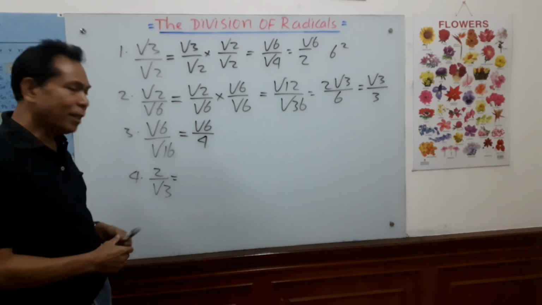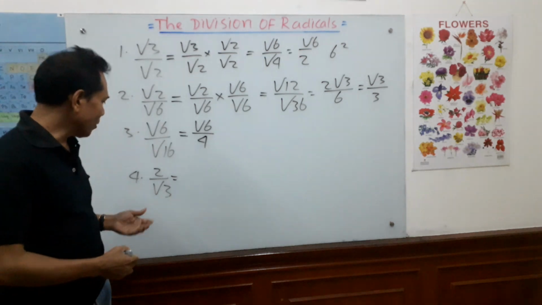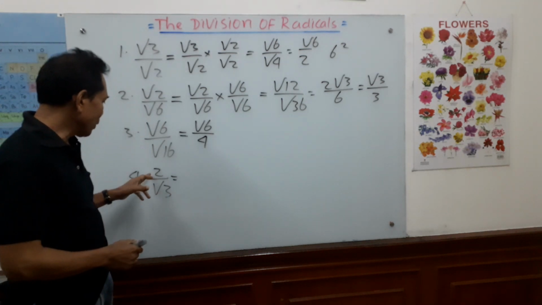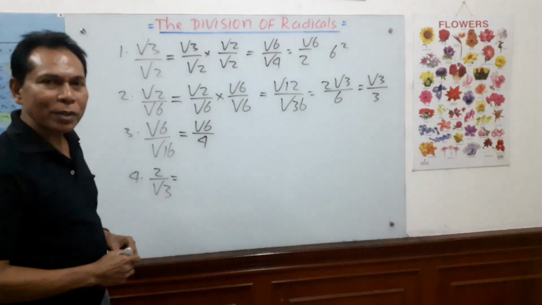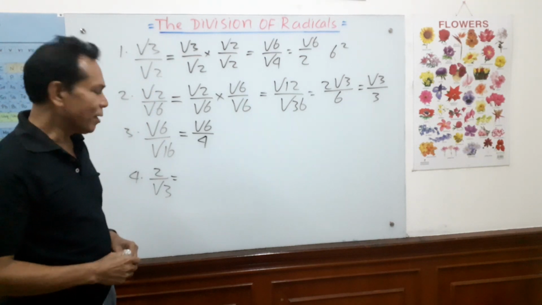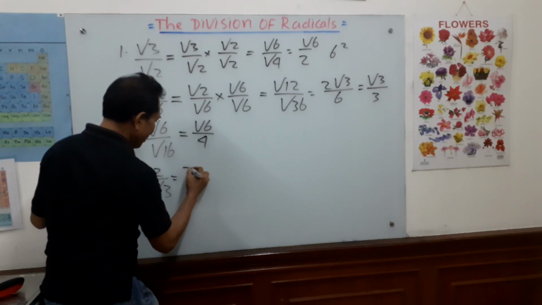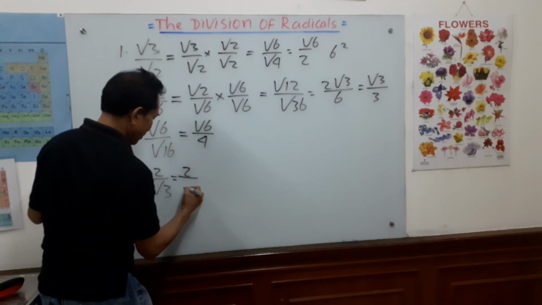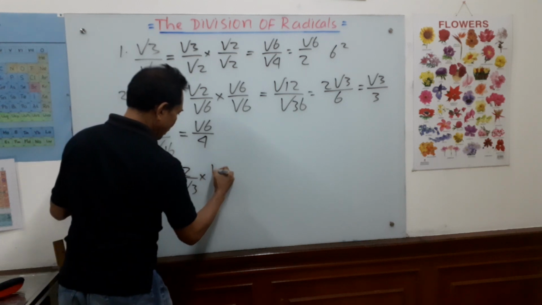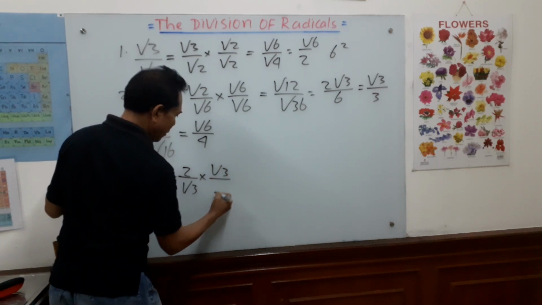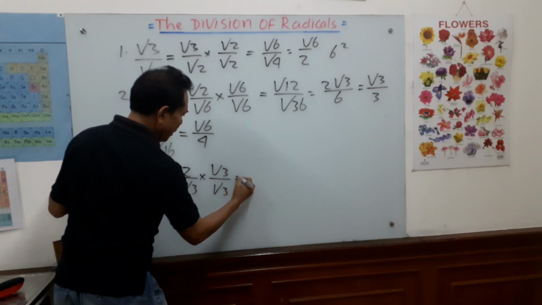Number 4 is a little bit different, but we can still fix it. We have 2 over square root 3. Now we still use the same system. We rationalize the denominator. So we put here 2 over square root 3 times square root 3 over square root 3.